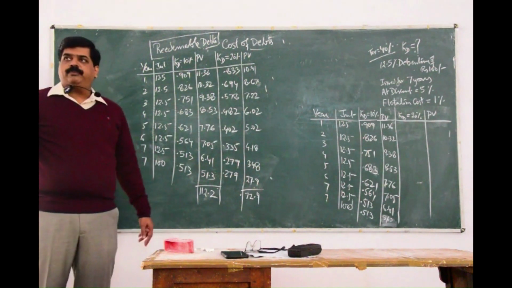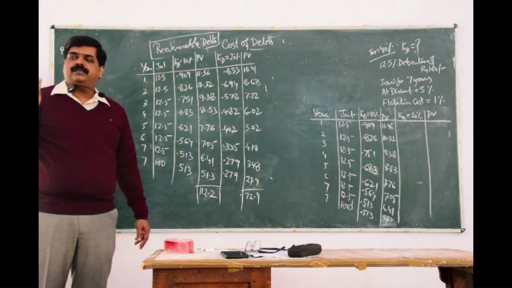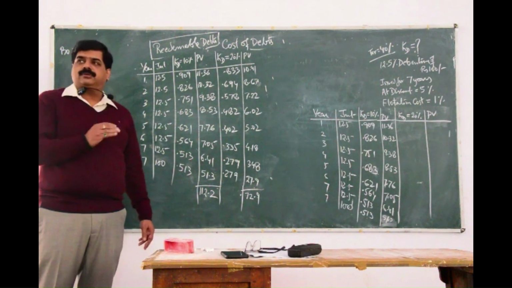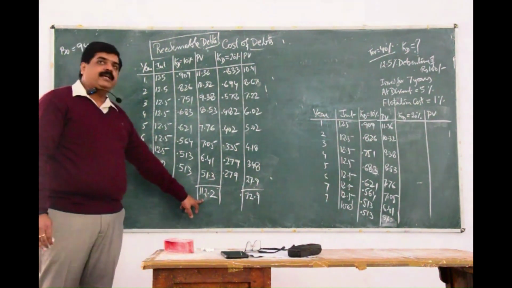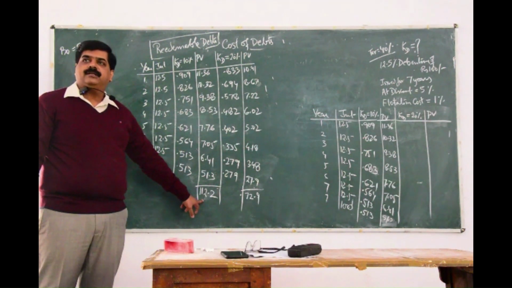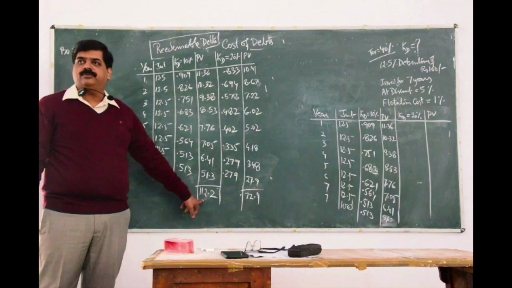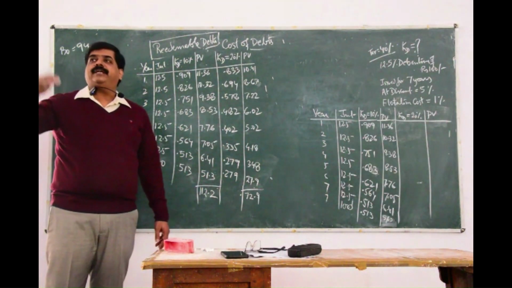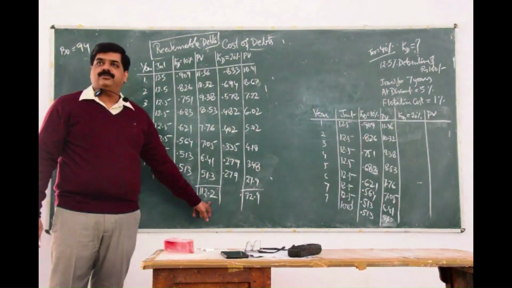We have to find the value of KD at which the value equals 94. When we assume KD as 10%, it is coming not as 94, it is coming as 112.2. That means the value of KD has to be increased to reduce this value.